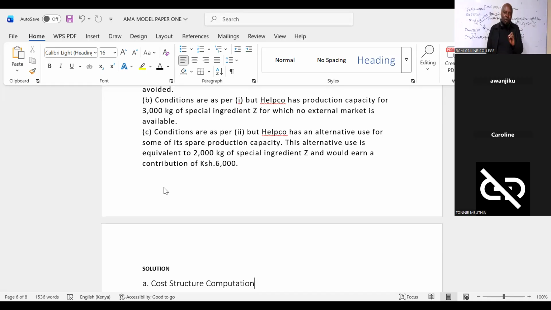They must be willing to give us the profit we would have earned. So the very first thing I would do is get the profit per unit. Because 6,000 is for how many units here? 2,000. So what is the profit per unit to be earned?